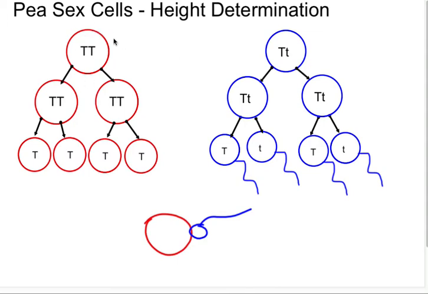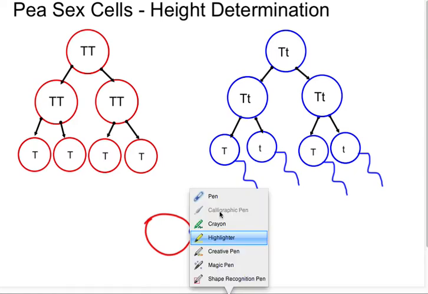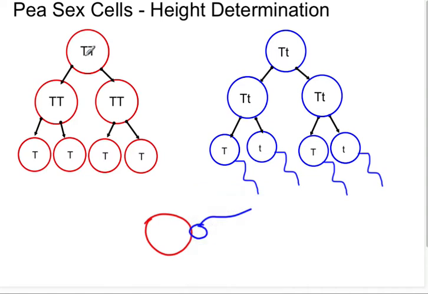So let's say in this female sex cell both alleles are for tall, and in this male sex cell one is tall and one is short. So you can see what happens in the female. All of them end up being tall. And in the male, we end up having half of them being tall and half of them being short. Now, this doesn't have to be the way it is. This could have been a short gene, right?